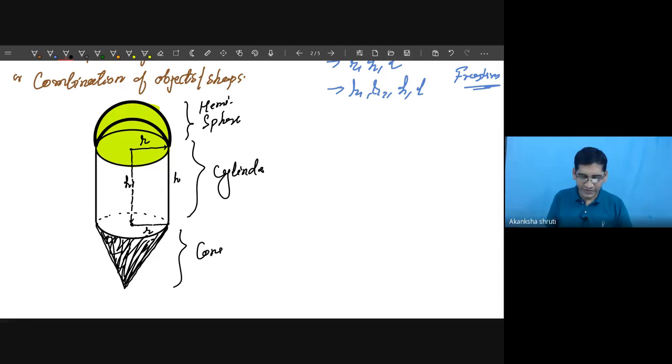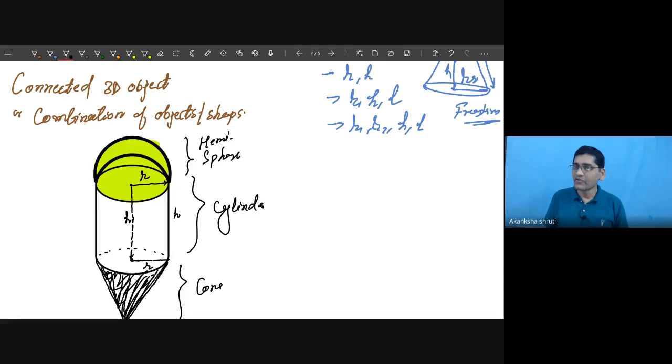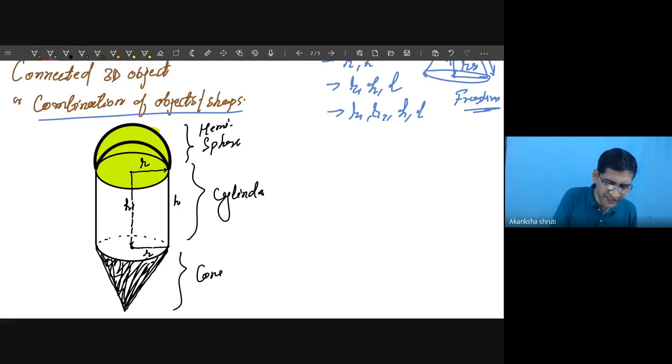And for calculating the volume, these three have to be added. So this is how to get the area and volume of a connected figure. For this connected figure, you need to find the area and volume.